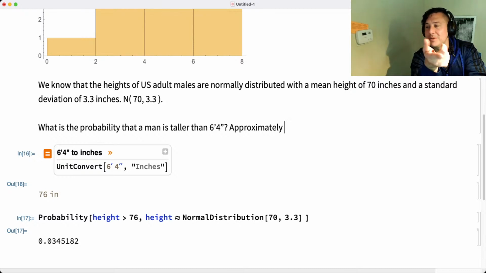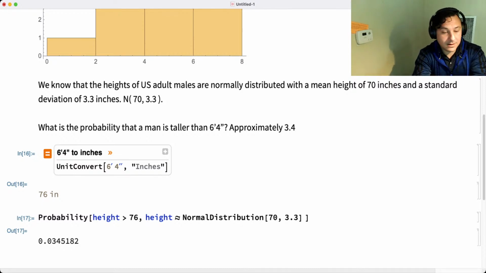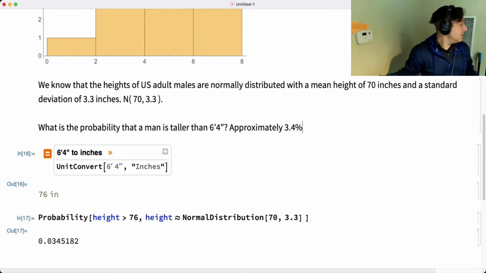Looking at that number, what is that as a percentage? What is 0.03 as a percentage? Okay. Only 3.4% of men are going to be taller than 6'4".